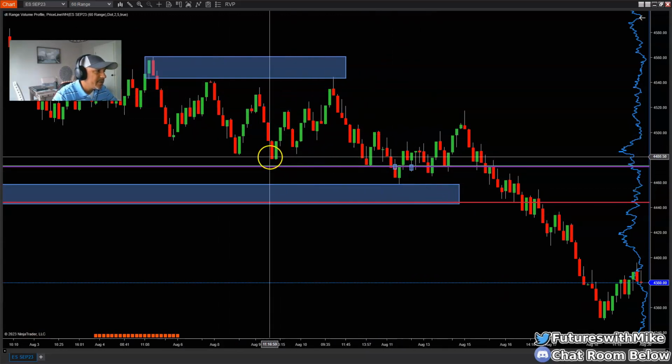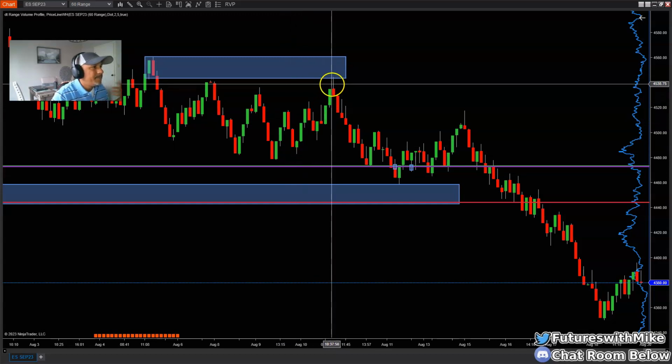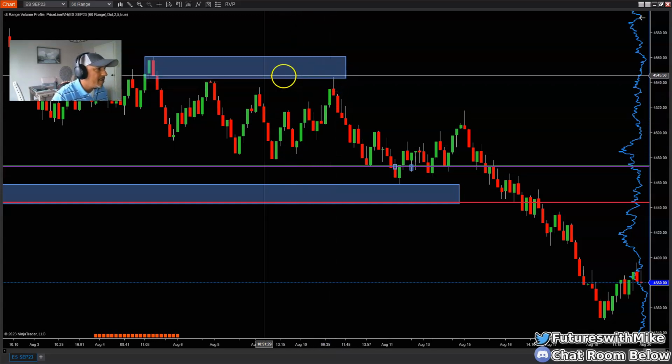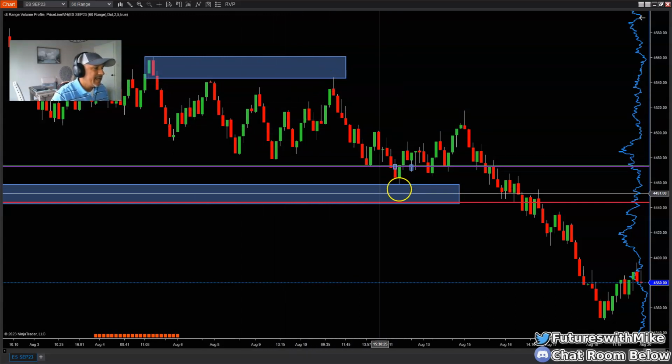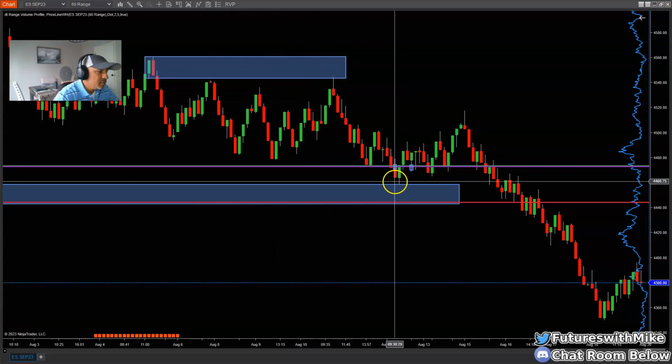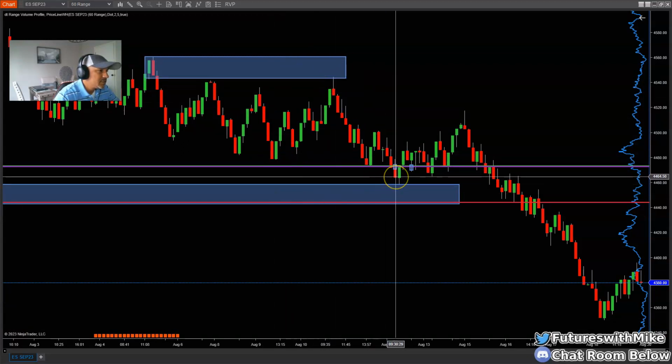Around the 11th, we got a low here. I'm not going to say a lower high, because we actually retraced back higher and took out these highs right here. But basically, we did get a retracement, and then it pushed to the downside. So we made a new low here. We got a high sitting right here and a new low sitting right here.